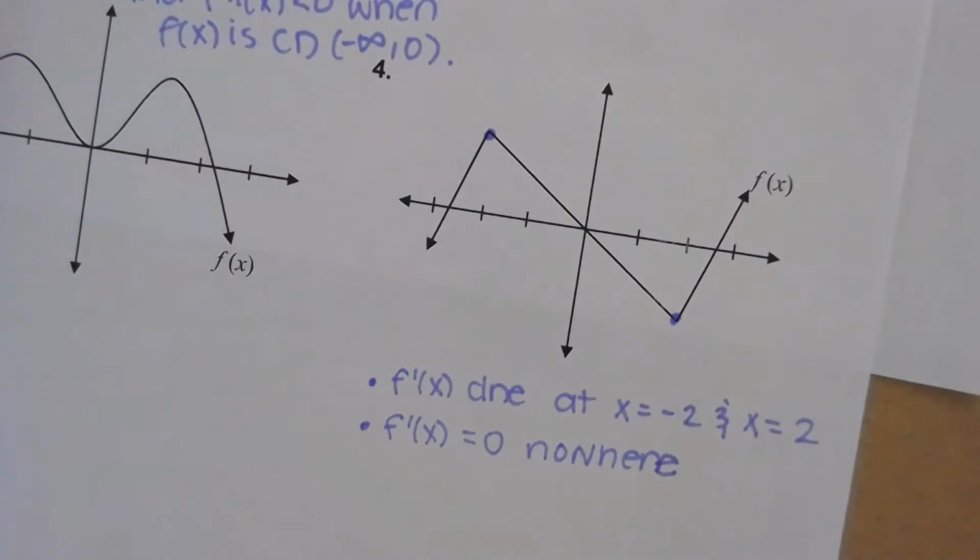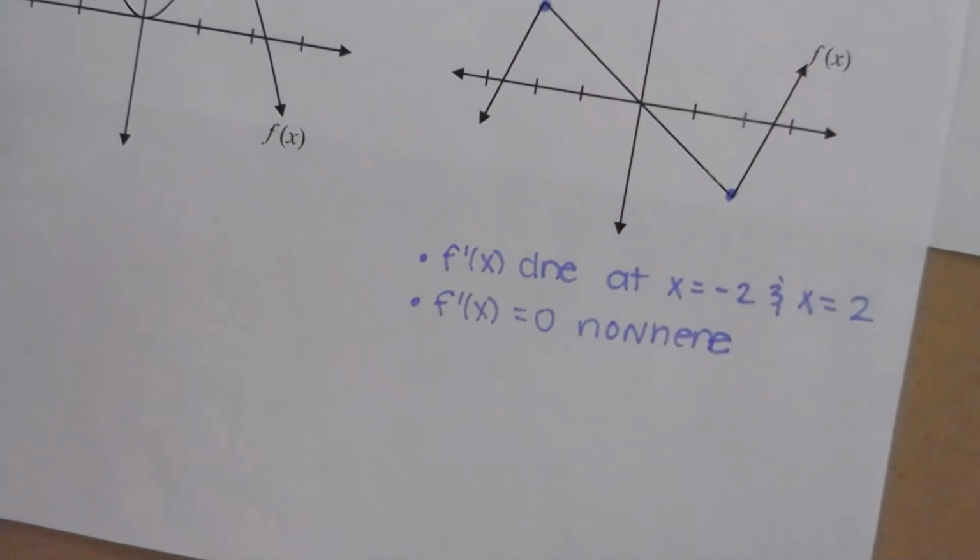Technically, we wouldn't have to put the DNE in any part. No, you did not, but I wanted you to understand it was DNE and not 0. Because a lot of kids look at that and they say, oh, it's extremas, it's 0. But it's not. They're critical points. They're not necessarily a 0.